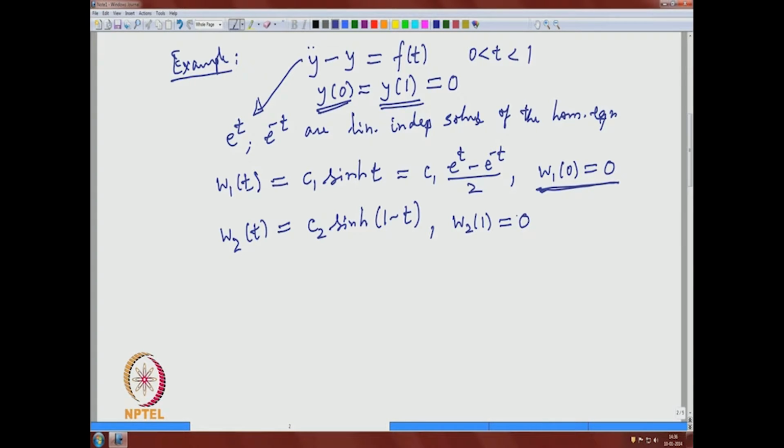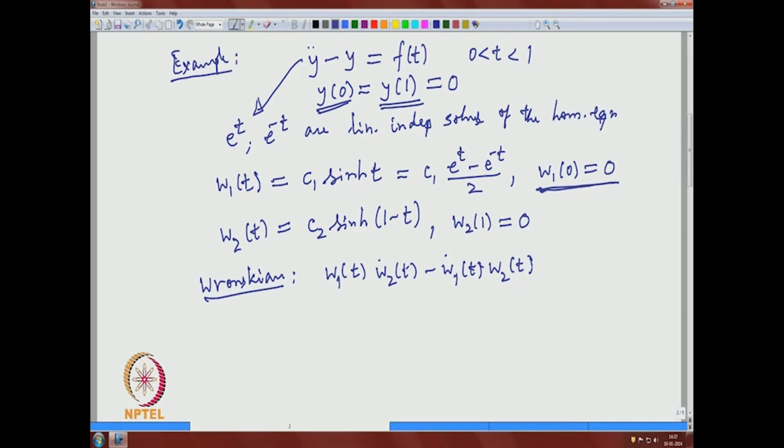Now, let us check whether that is normalized or not. So, let us compute the Wronskian: w1(t) w2'(t) minus w1'(t) w2(t).